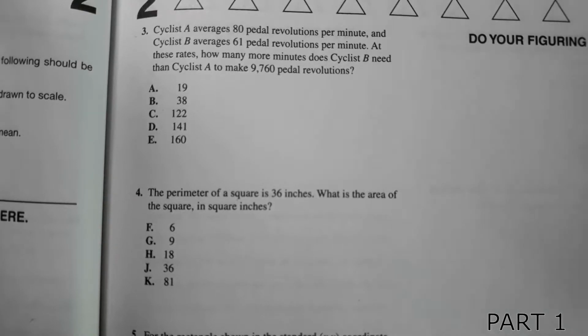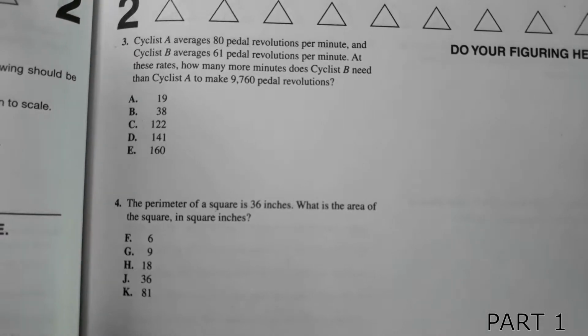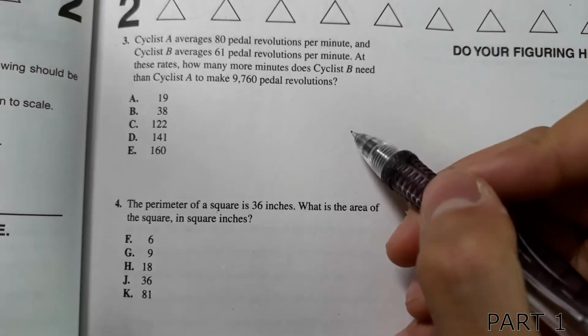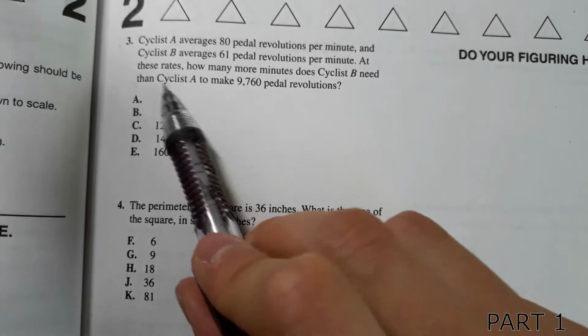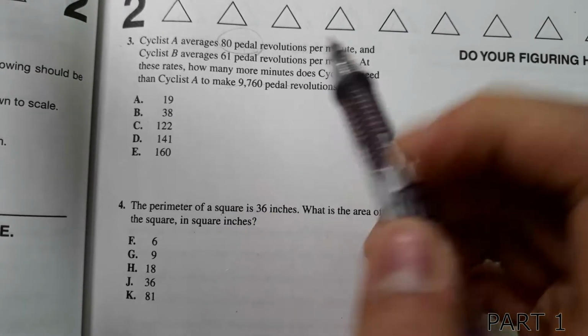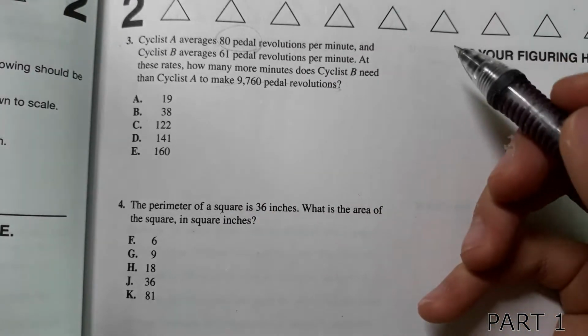Okay, number 3, cyclist A. I'll give you some time to read this question. Okay, so cyclist A averages 80 pedal revolutions per minute.